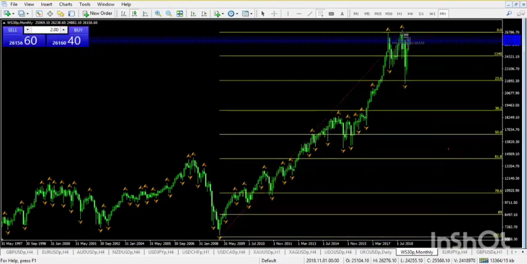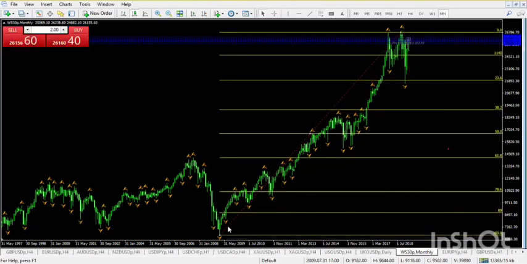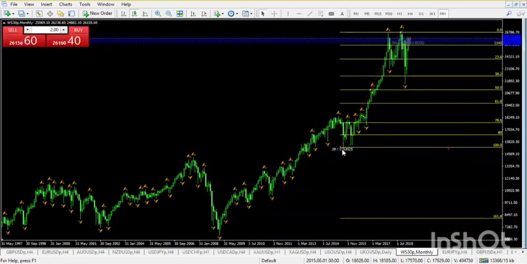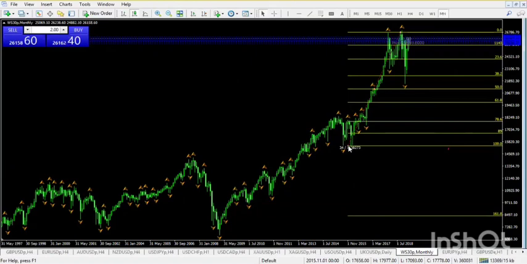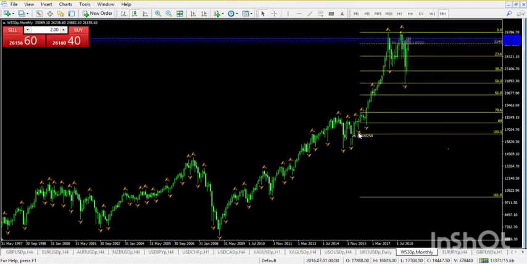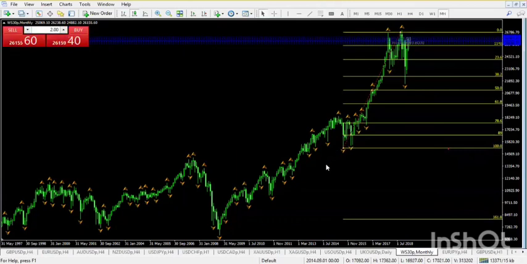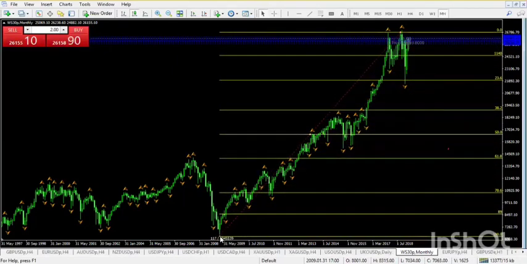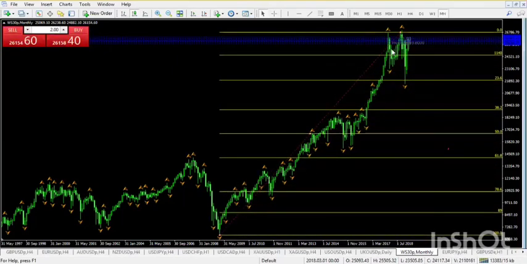And we can draw the Fibonacci from the swing high to swing low. And this is the midterm Fibonacci. And we have another tide here. So this is the tide, but the main midterm Fibonacci is this. But I advise you to draw a long-term Fibonacci because it's a big wave, so you can know the resistances.